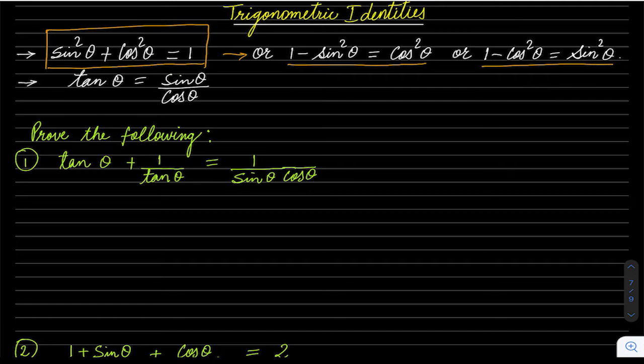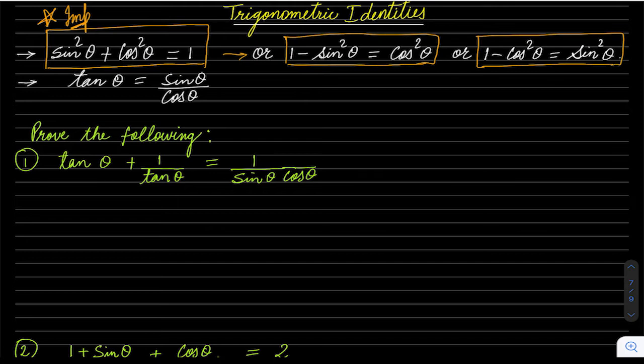You can remember one or you can remember all, it depends on you. But at least one should be remembered out of these three. Most commonly I have seen students remember the first one, and I think it's more than enough to solve your questions. But if you remember the second and third one, then you can solve questions faster. That's the only thing that happens.